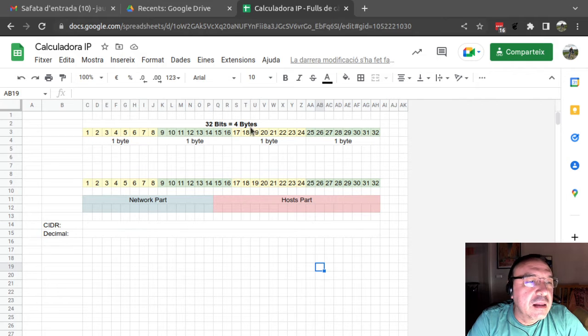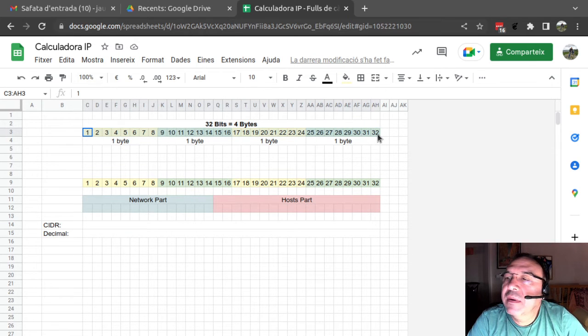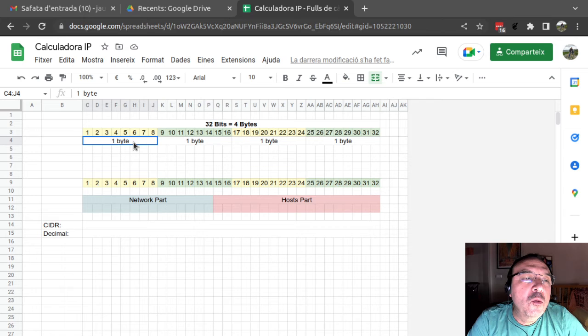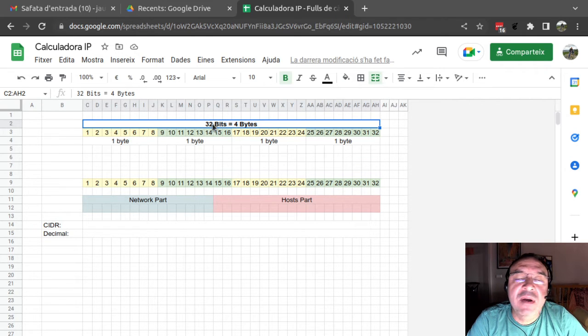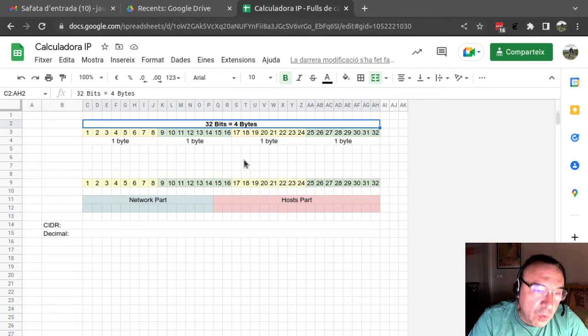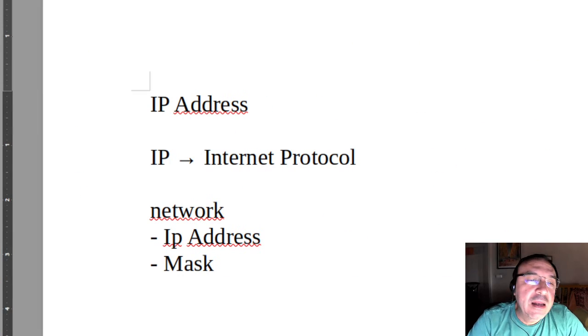Okay, the IP address is 32 bits for a computer. Those 32 bits we group in 1, 2, 3, 4 bytes. Remember that 1 byte has 8 bits. So the 32 bits of an IP address are 4 different bytes. And we used to represent those bytes in decimal.